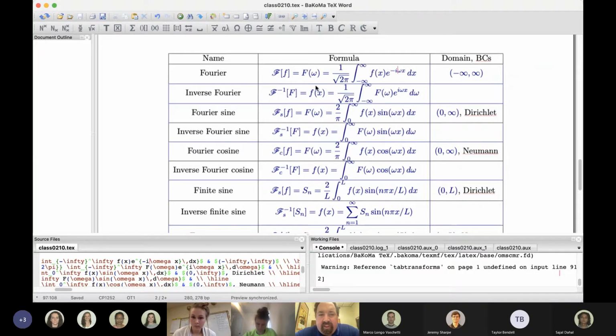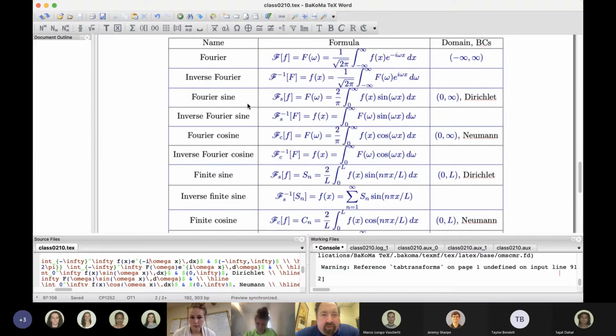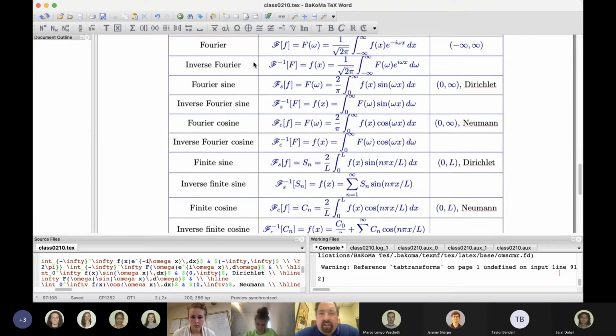Now, what I have here are 1, 2, 3, 4, 5 transforms: Fourier, Fourier sine, Fourier cosine, finite sine transform, finite cosine transform. And with each one, we have its inverse.